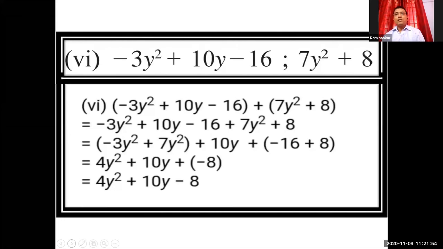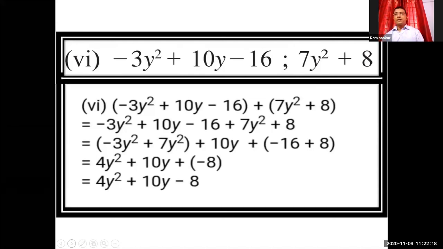4y square, plus 10y. 10y is written as it is. Why? There is no like term to add it to. Write it as it is, 10y. Then minus 8 is the answer. Why minus 8? Because minus 16 is there, and negative plus positive, how much? Negative is the answer.